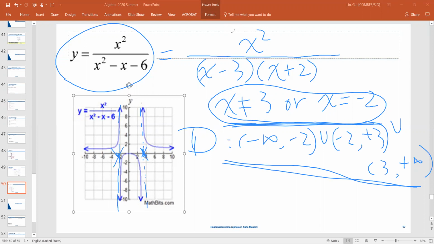All right, so what about the range? What about the range? So this one definitely cannot equal 0, right? Can they possibly equal 0? Actually, when x equals 0, yeah, they can be equal to 0.